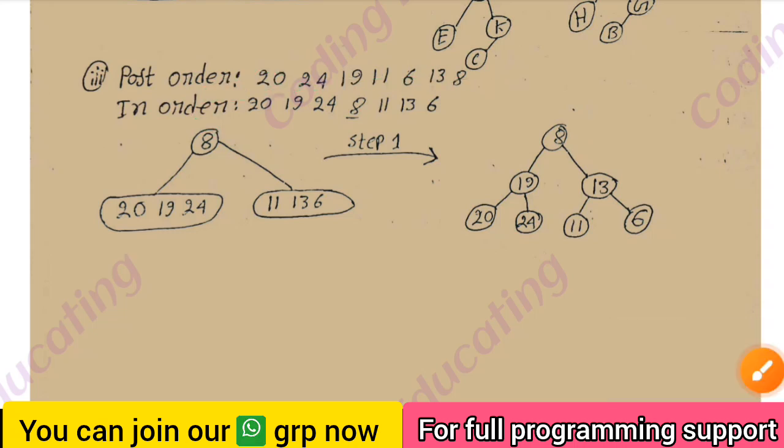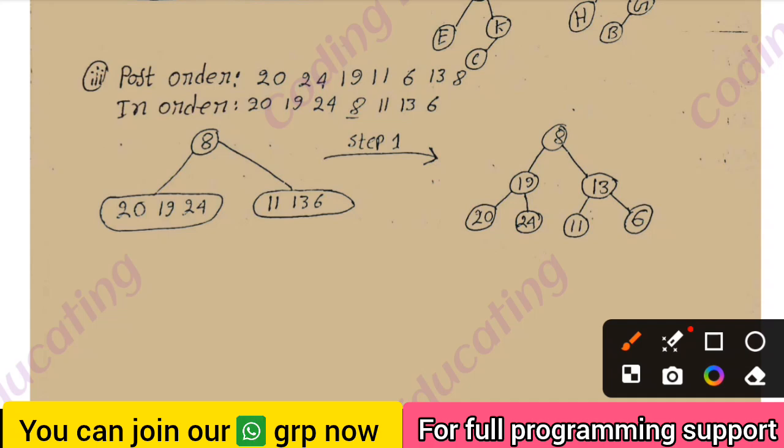Okay, so at first 13 after 8, so 13 is the root node. Then you have to find 13: the right side is 6, the left side is 11, so you write 6 on the right and 11 on the left in the binary tree. After that you have to find 19. Where is 19? 19 24 20, so 19 is the root node, and 24 is on the right side of 19, and 20 is on the left side of 19.